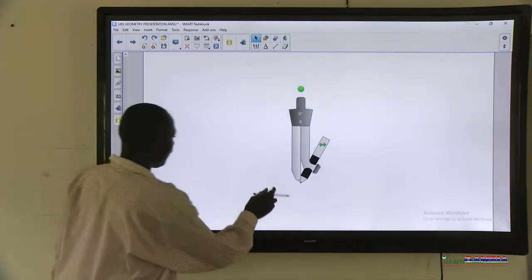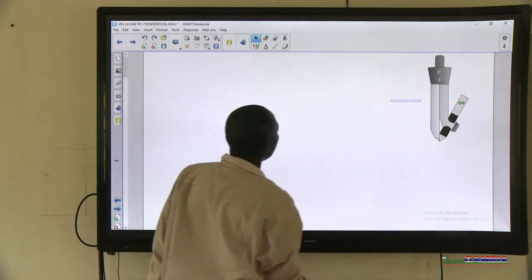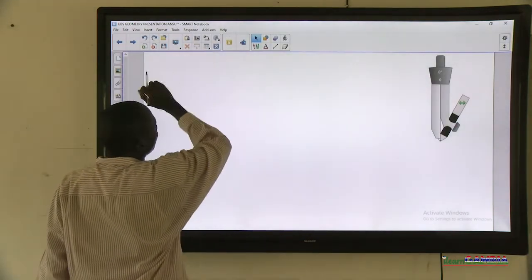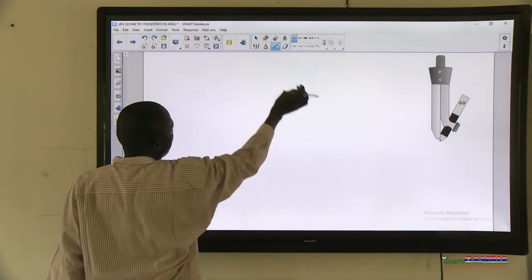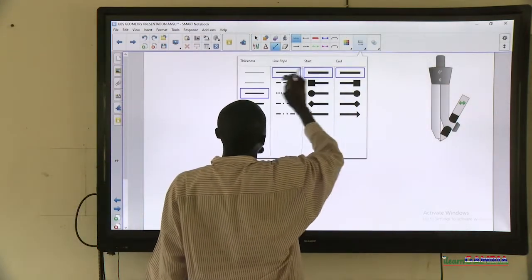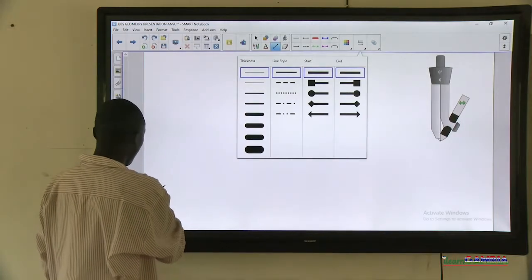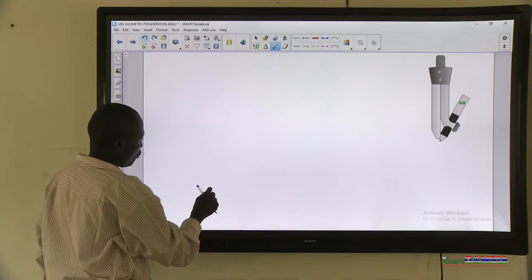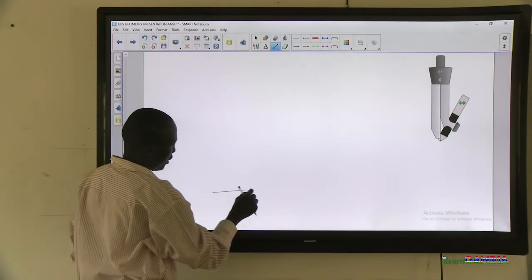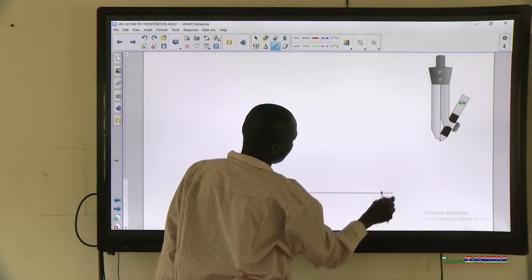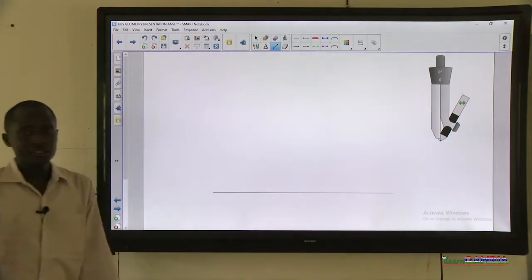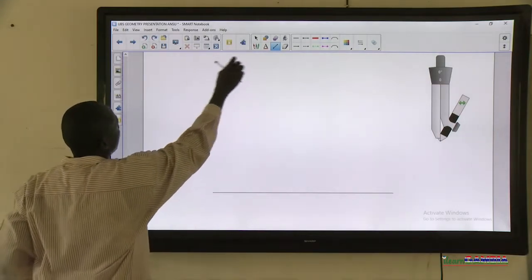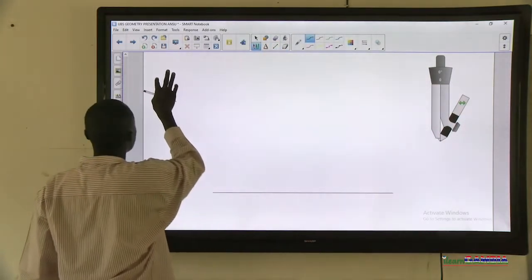Now looking at it here, what's the first thing that we do? The first thing we do is we draw a line. And that line should be construction lines, please. Always use construction lines, please. Now, we draw a straight line like that. What is the distance? The distance is 6.56 centimeters.